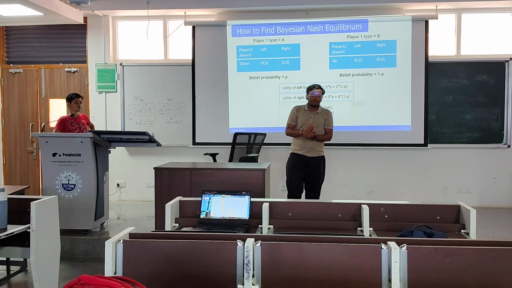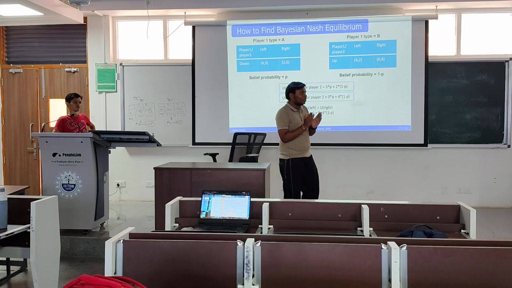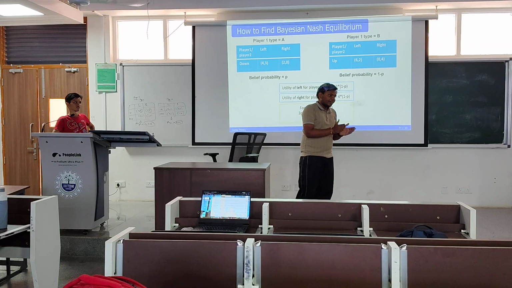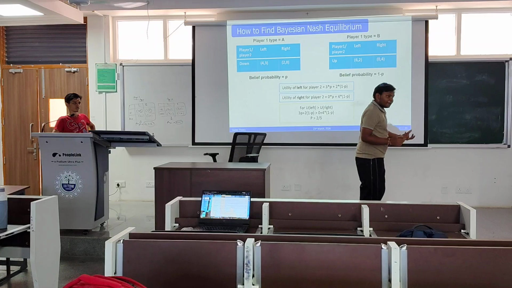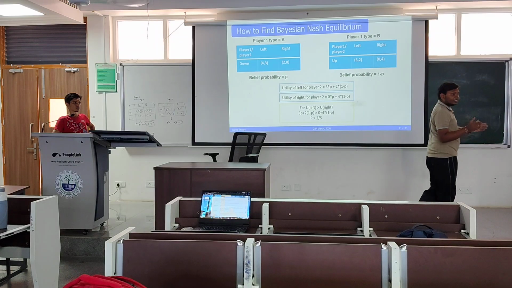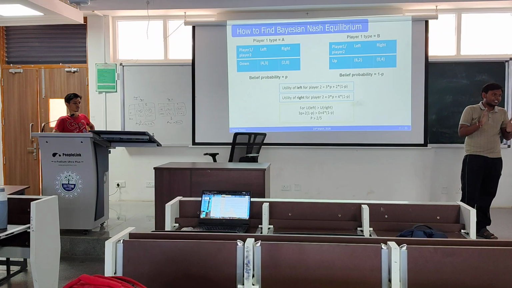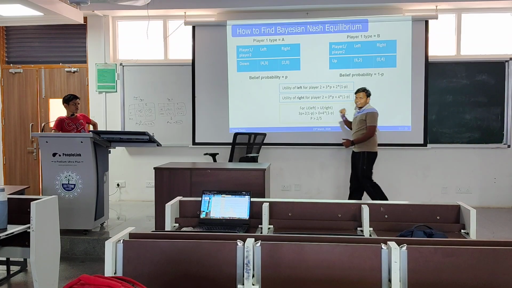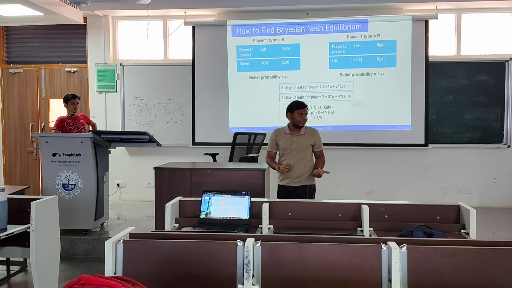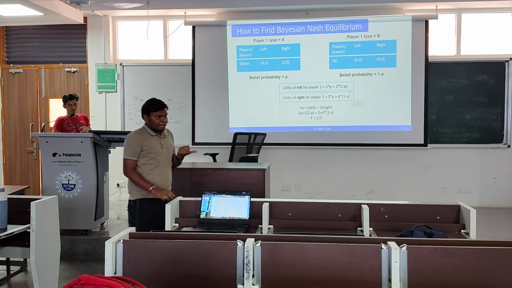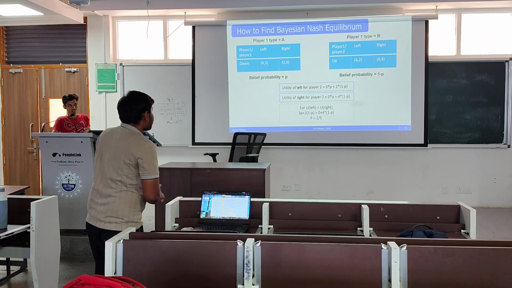When we calculate T, we will say that player 2 will play left if he believes player 1 to be A type with this T probability. This is the difference. This is the belief probability, not the choosing probability of whether I will choose left or right. So we solve with probability and apply the mixed strategy.